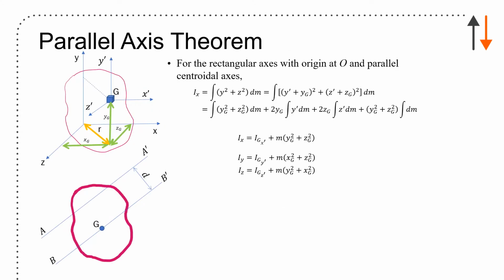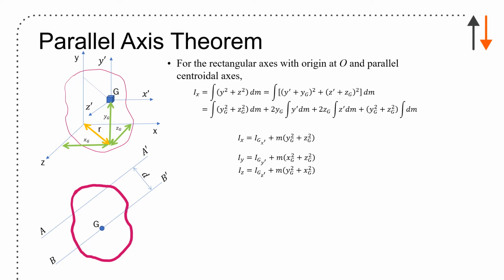If you continue with this and we say, look, this is to a point G over here, which is the center of mass of this object. This is an arbitrary axis. Its distance is r. Ix is just going to be y squared plus z squared, which is really y prime plus yg, the distance to the center of mass, z prime plus zg, quantity squared, and these two quantities go to 0. The remaining terms are left.